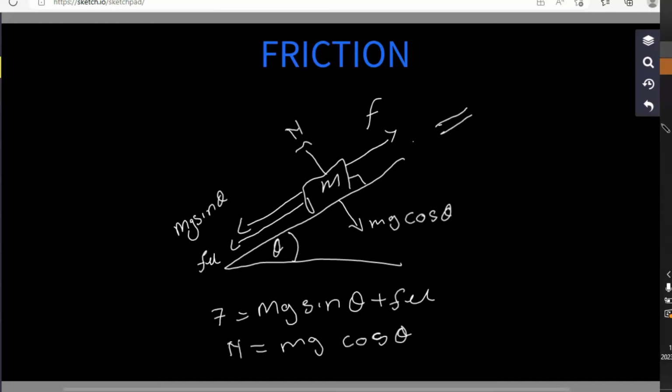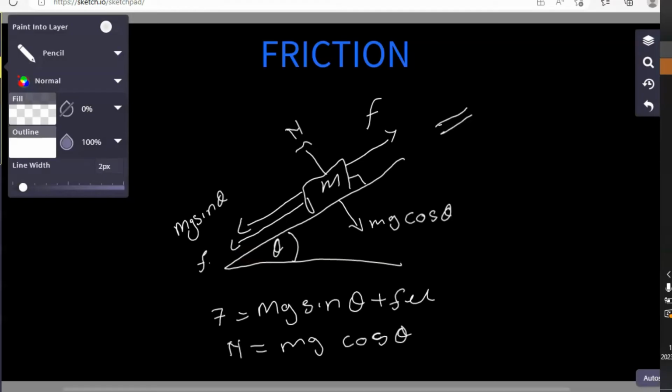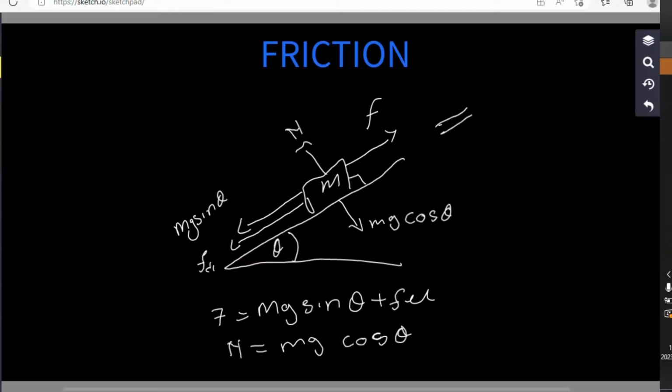It can change. For instance, if this is the force applied and they apply the force going downward, it will be force down. This will then be our frictional force. Why? Because it opposes motion. And this formula is now going to change. It's no longer F equals mg sine theta plus frictional force.